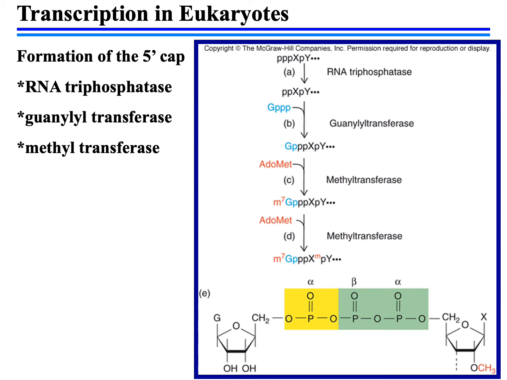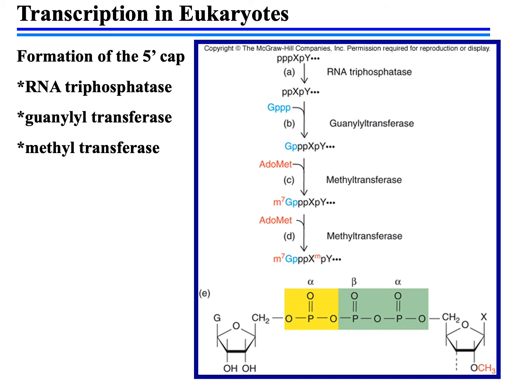So the first step that you see in panel A at the very top of the figure is a representation of the 5' end of the messenger RNA. The first enzyme that comes into play is an enzyme known as RNA triphosphatase. This particular enzyme removes one of the phosphate groups from that very end or terminal nucleotide at the 5' end.